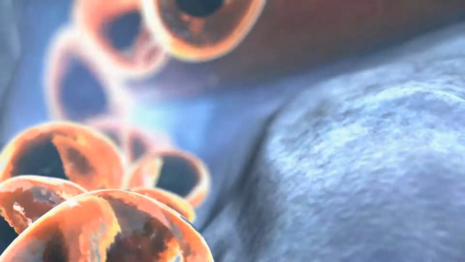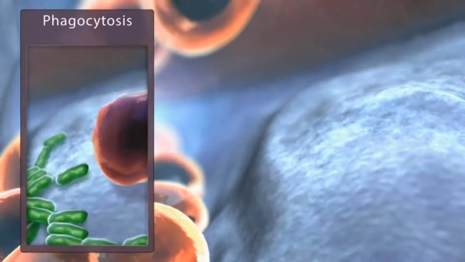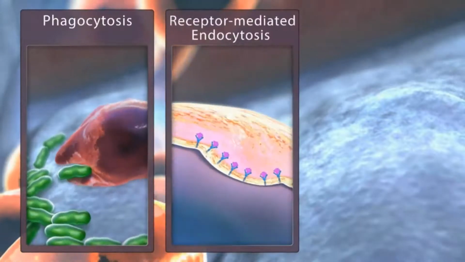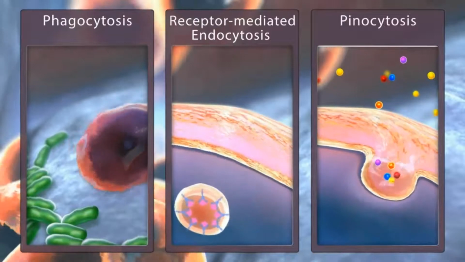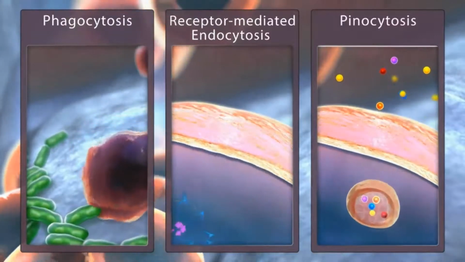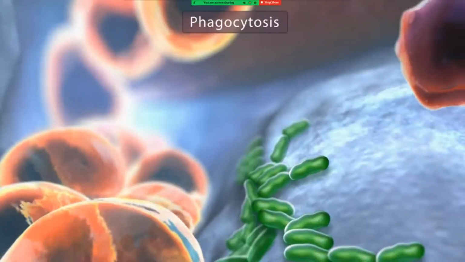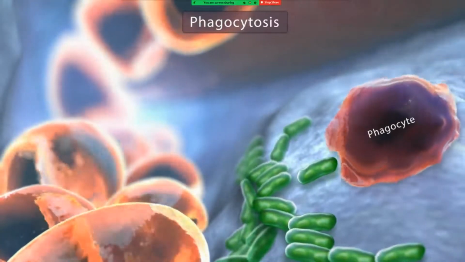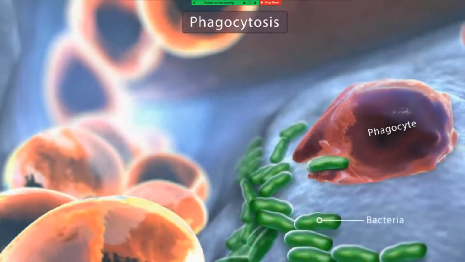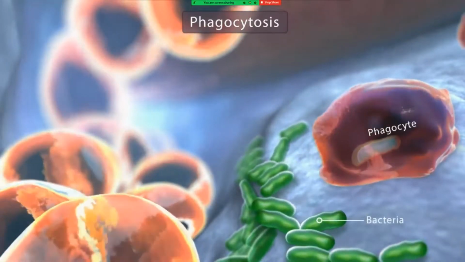Endocytosis occurs in three ways: phagocytosis, receptor-mediated endocytosis, and pinocytosis. Phagocytosis occurs when cells, known as phagocytes, engulf other cells, bacteria, viruses, and even indigestible particles.